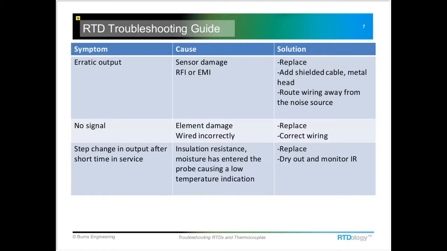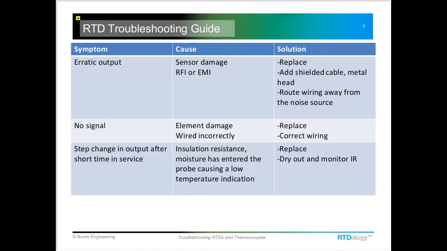And the way to fix this is to use shielded wire. The connection head on the RTD assembly should be made out of metal, and you can even ground it to help in more serious cases. And then the other way to help this is to route the wiring away from the noise source. So if you have some variable frequency drives on an electric motor, those are really bad. We need to keep all the wiring and things away.